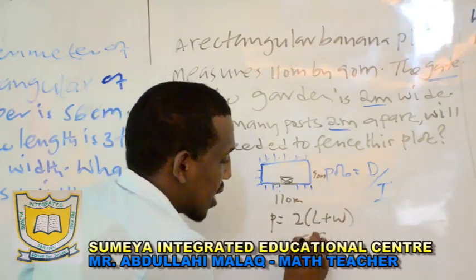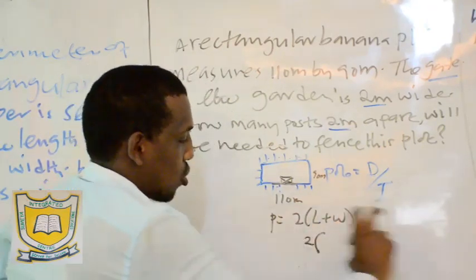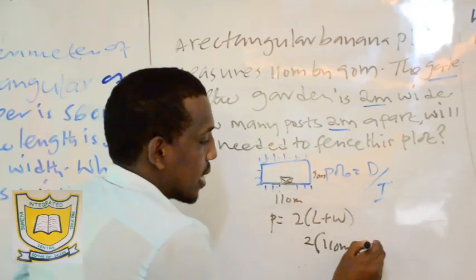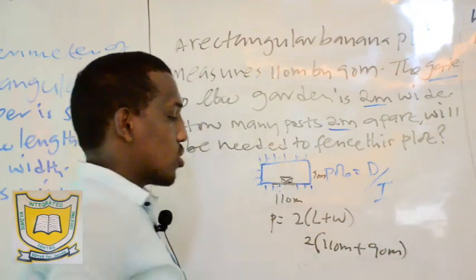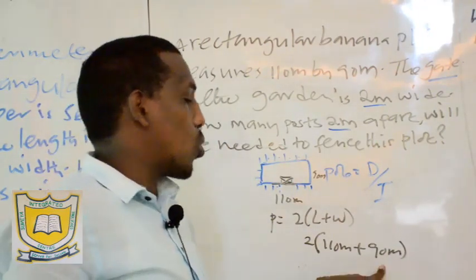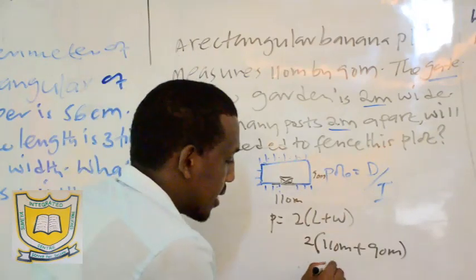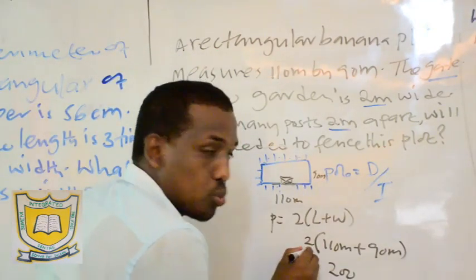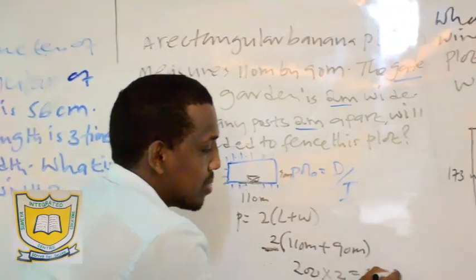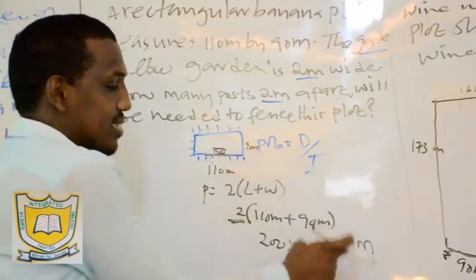So 2 into bracket, length is the longer side, so 110 meters plus 90 meters. So let us add now. 110 plus 90 is 200. 200 times 2, you get 400 meters. So distance is the perimeter.